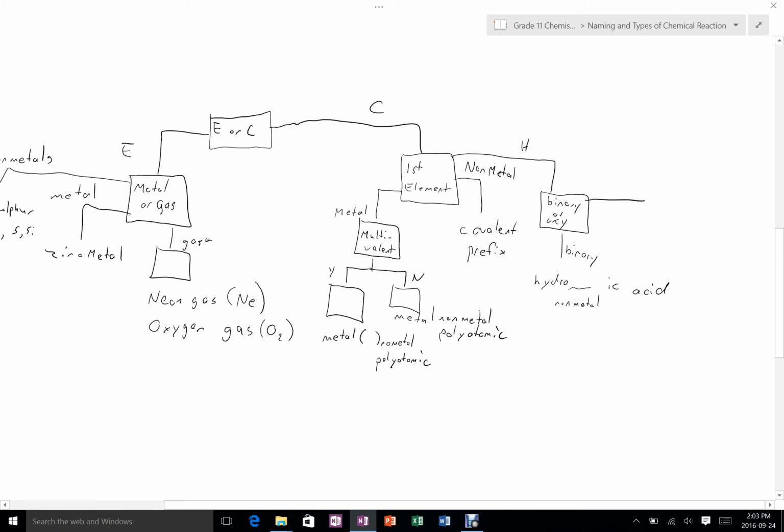And if it's an oxy, that means we have a polyatomic, so we start with the name of the polyatomic, where ate goes to ic acid, and ite goes to ous acid.